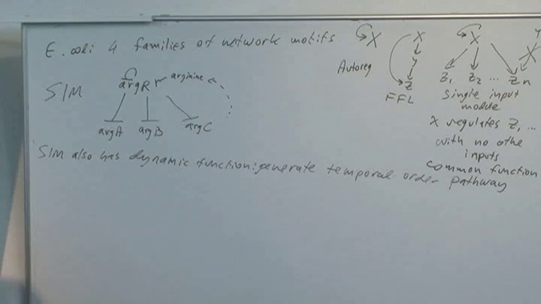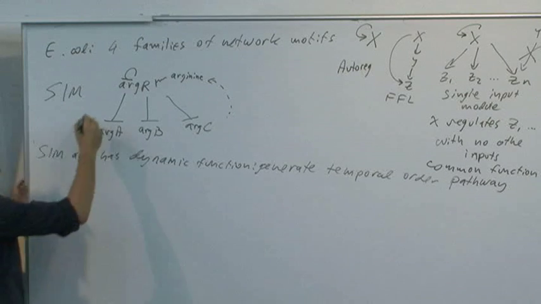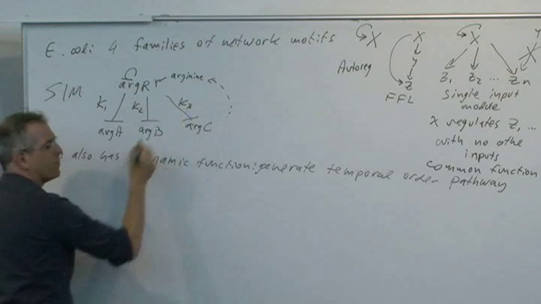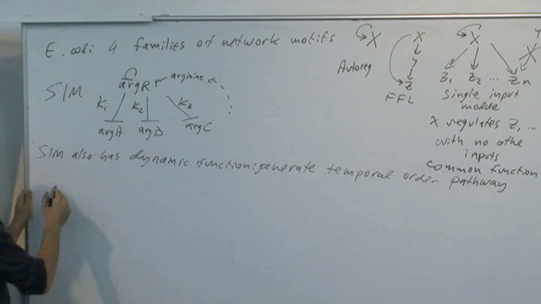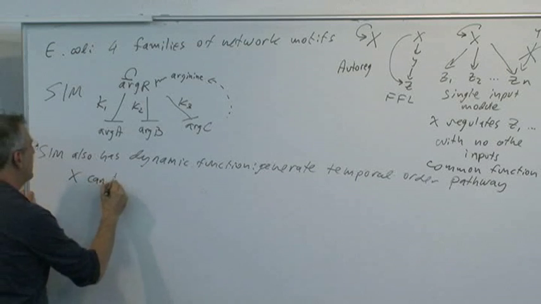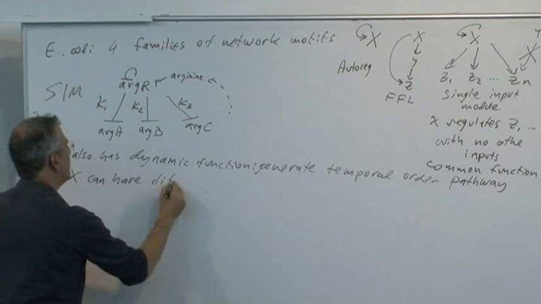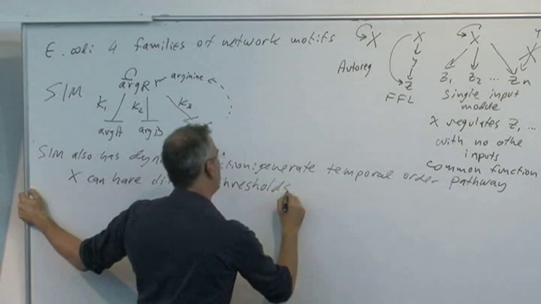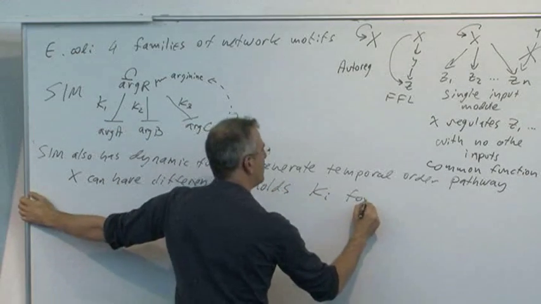But these binding sites can be a little bit different. They can have differences in them, which determine the chemical affinity of the transcription factor of that DNA. And it could be different. So you can have different thresholds for different genes. X can have different thresholds, Ki for each gene.